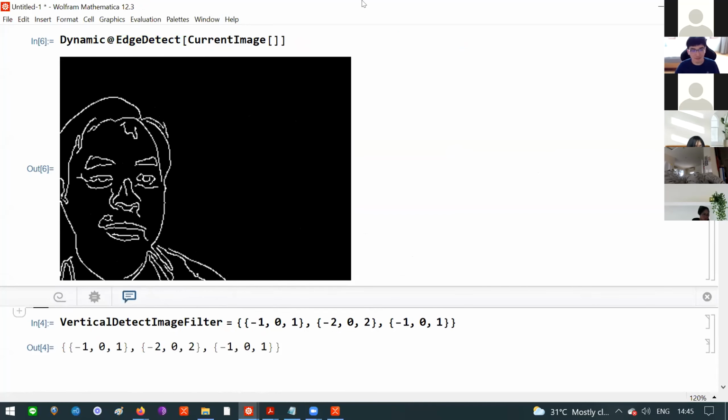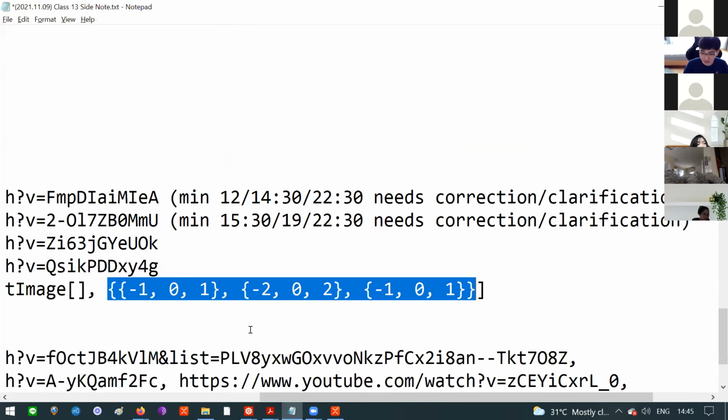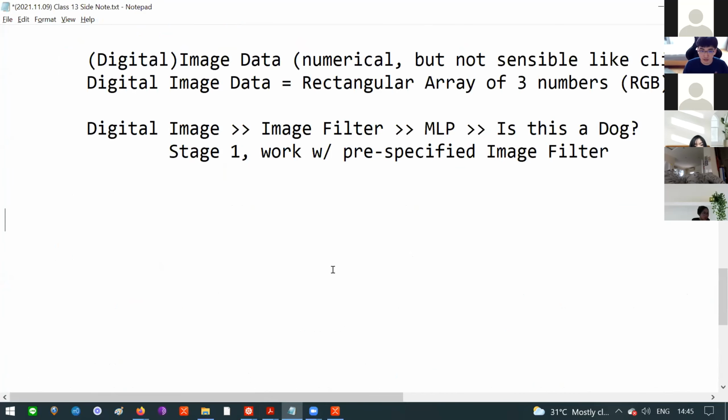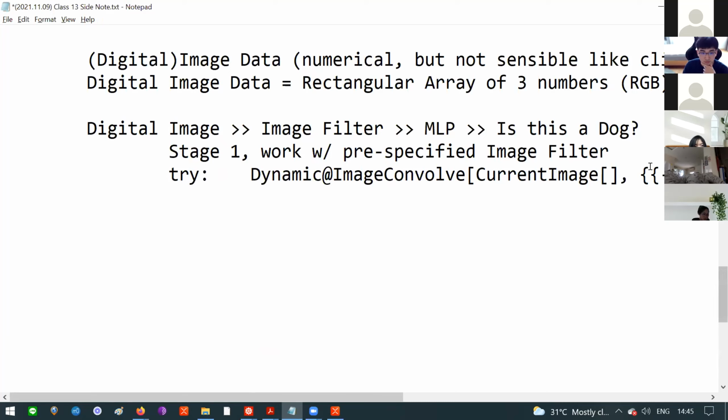The problem with the state of the art back then was it's a pre-specified image filter. The only trick is here, stage 2.